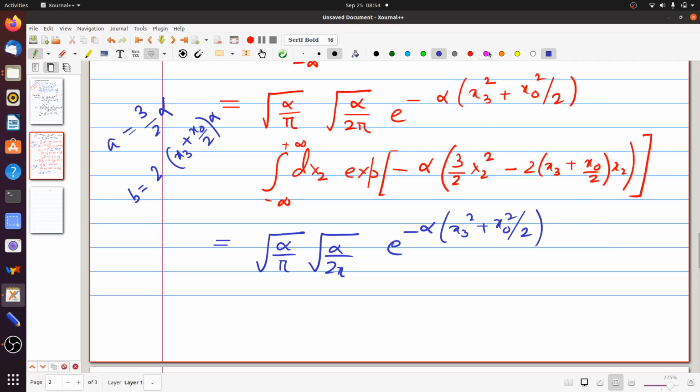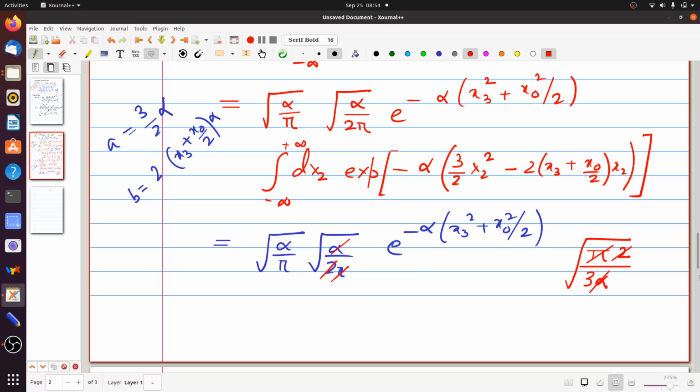Now you have to multiply that by the result of the Gaussian integral, which is root over pi by 3 by 2 alpha, so 3 alpha into a 2. And notice that there is a huge amount of cancellation that you can do right here, because this 2, this pi, this alpha, all of them cancel out this whole factor.